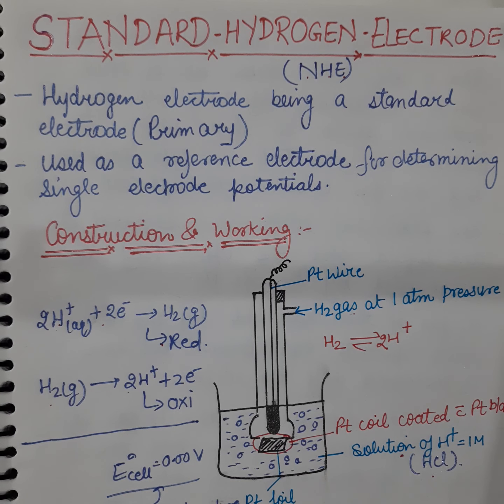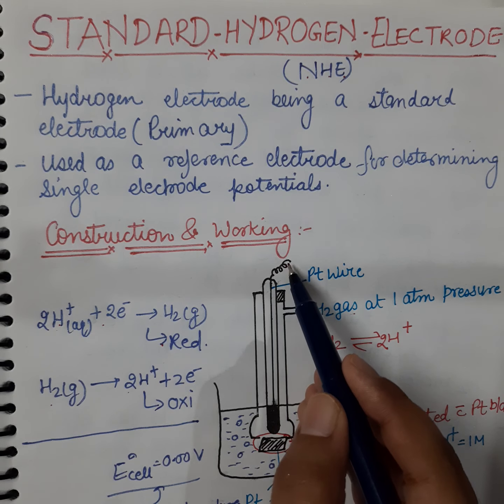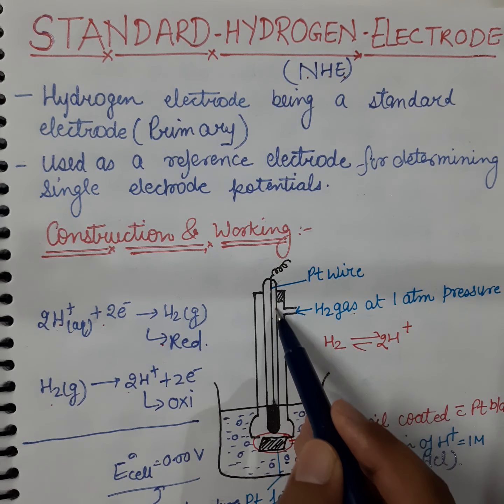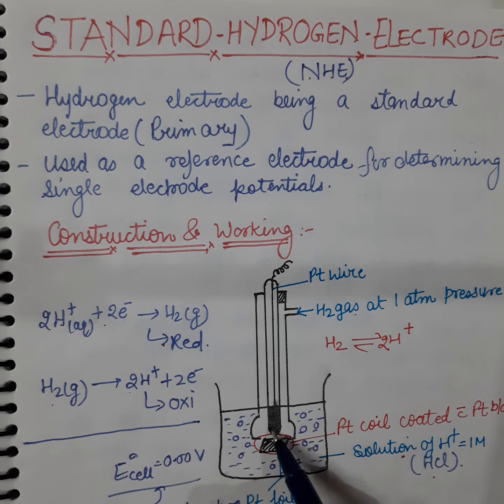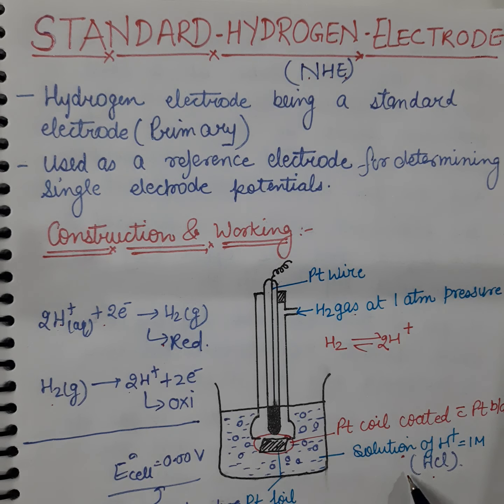Now, construction. Here you can see in this diagram, students, that this consists basically of a platinum wire. This is known as the platinum wire carrying platinum foil coated with finely divided platinum black. The wire is sealed into a glass tube placed in a beaker containing 1 M HCl.